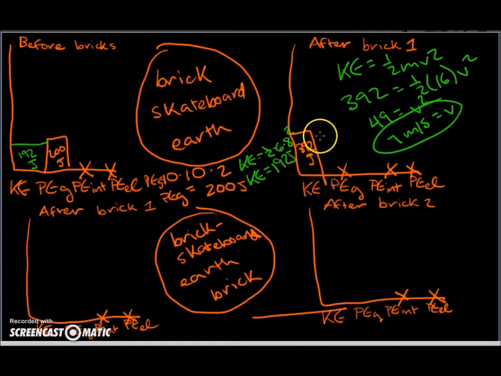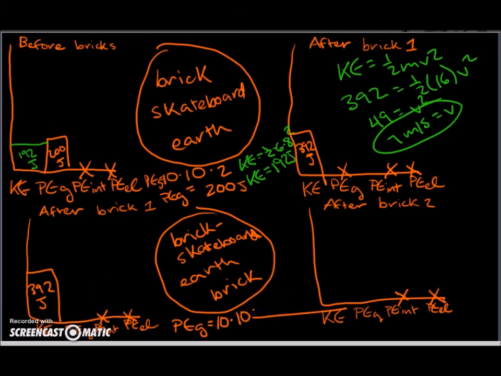So let's take that kinetic energy from after the first brick. Because no other forces have acted on this system, they're still moving at the same velocity. So we have 392 joules of kinetic energy in that brick-skateboard object. And our potential energy of gravity between the brick and the Earth is going to be equal to the mass of the brick, which is 10 kilograms, times the strength of the gravitational field, which is 10 newtons per kilogram.